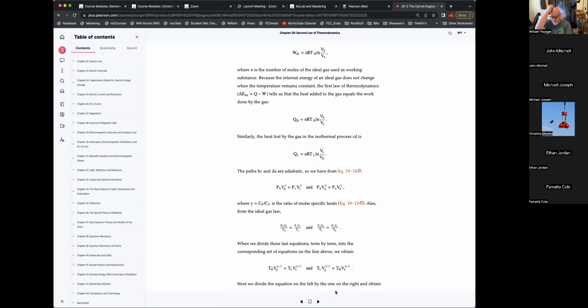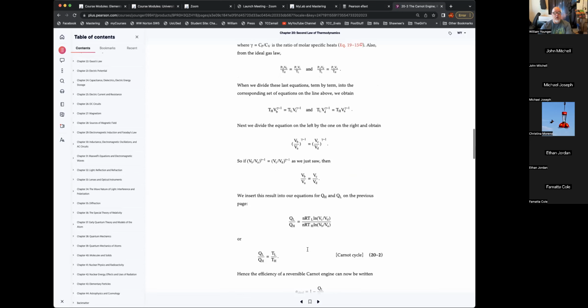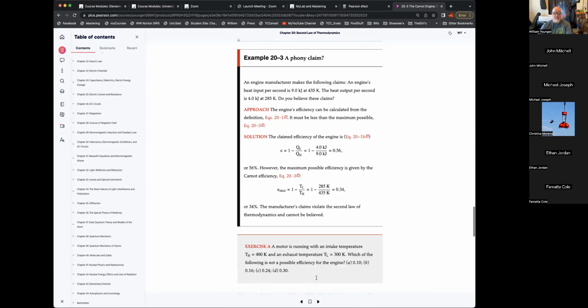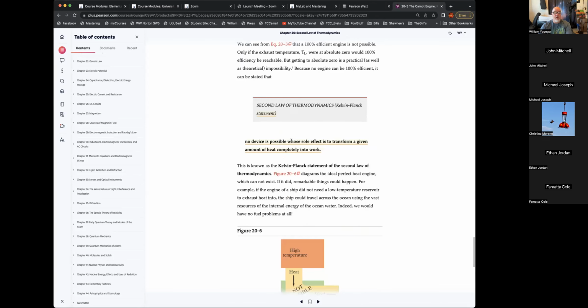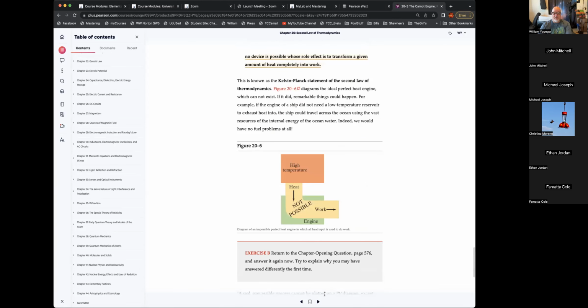And there's even some equations that say like E internal is related to CP and CV and all that good stuff. So those are equations you're expected to use as well. But anyways, in the end, he does find that the efficiency is 1 minus TL over TH. That's got to be done in Kelvin though. So no device is possible whose sole effect is to transform a given amount of heat completely into work. That's another version of the second law of thermodynamics.